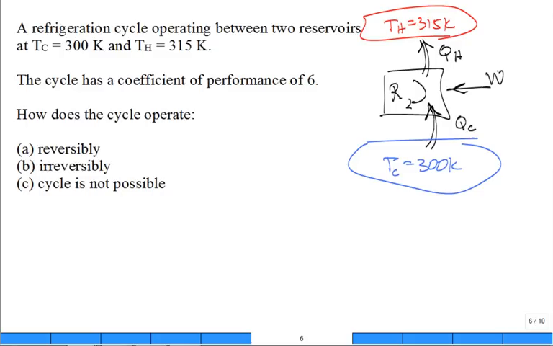They tell us that the coefficient of performance for the refrigeration cycle is a value of 6. Okay? From the information given, does the cycle operate reversibly, irreversibly, or is the cycle not possible because it violates one of the laws of thermodynamics?